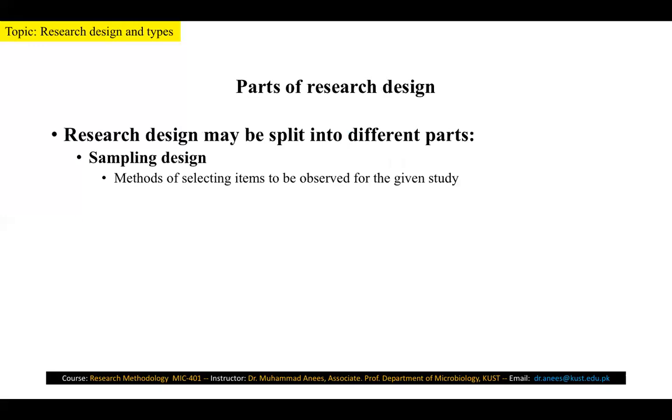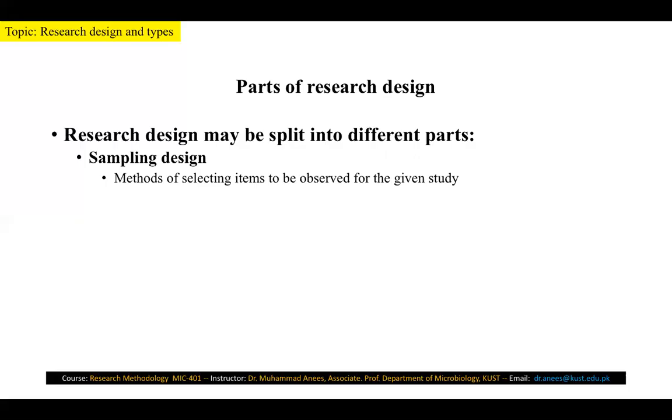First of all, what is a sample? A sample, as you know, is a small part of a population. We cannot take the whole population and analyze it, so we have to select a small part of a population. But the selection of the sample is very important.